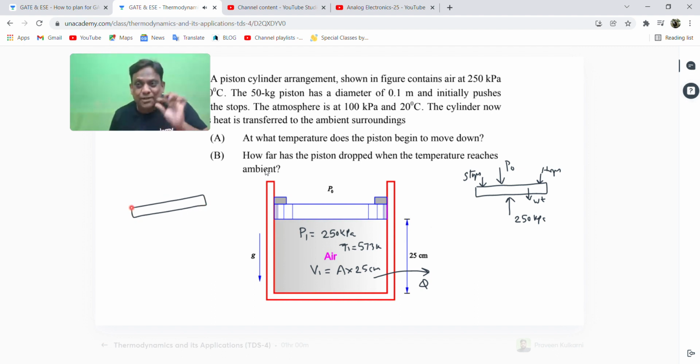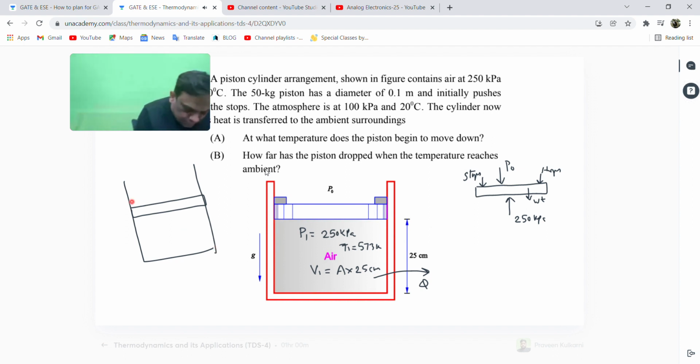Now I'll draw the figure. Just about to lose. Stops are not providing, so this pressure is balanced with atmospheric and weight of the piston.